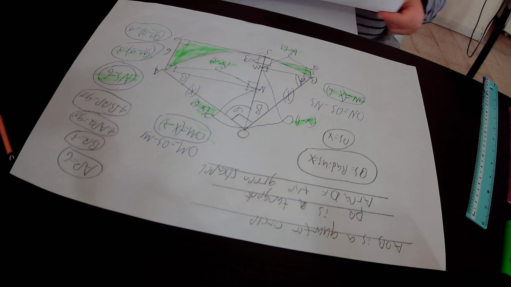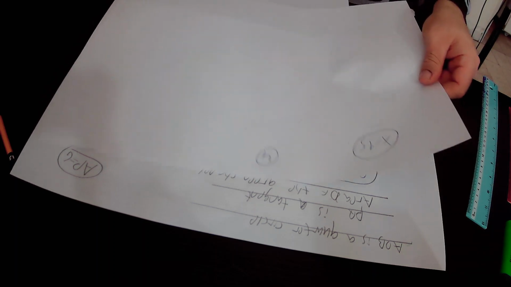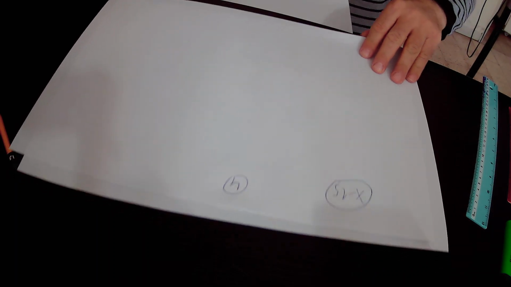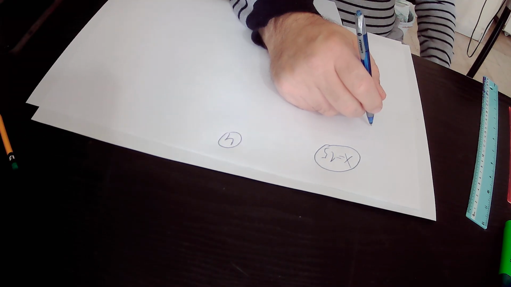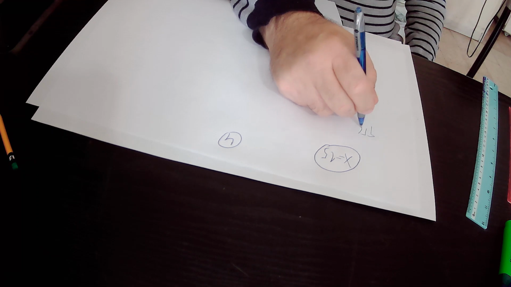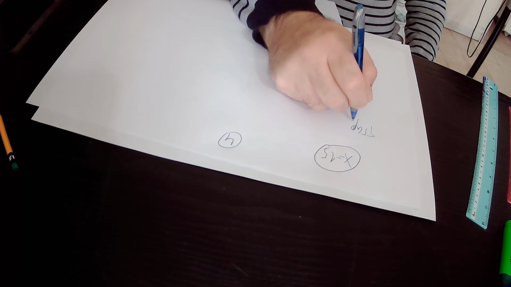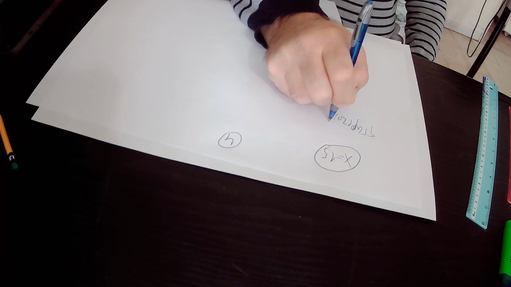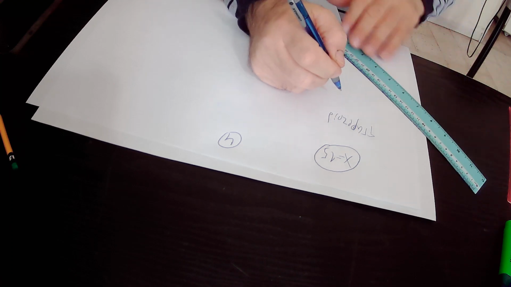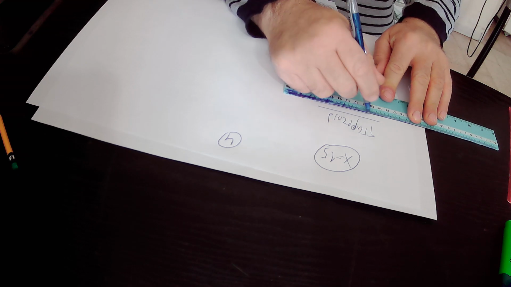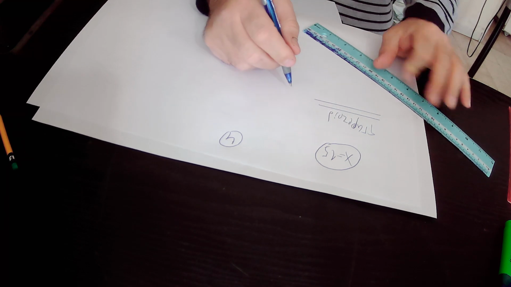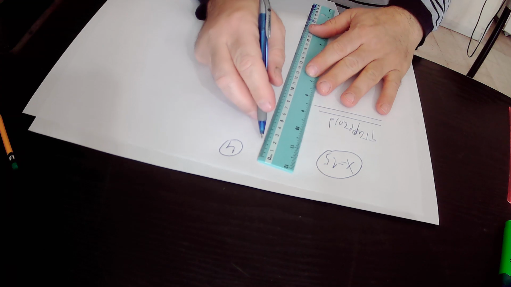So in the next step, I will present to you the general formula for the area of a trapezoid. I repeat again, a trapezoid is a quadrilateral with one pair of parallel sides.